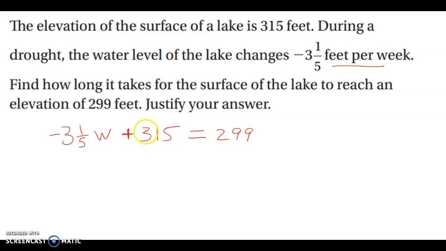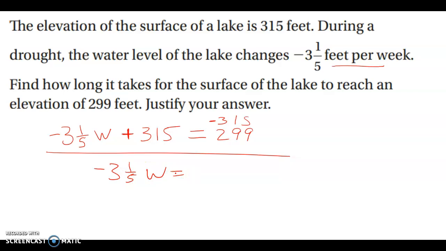So this 315 and the 299. So if we take that and we go negative 315, we're going to get negative 3 1/5 W equals, now, negative 315 plus 299. So that means it's going to drop 16 feet.